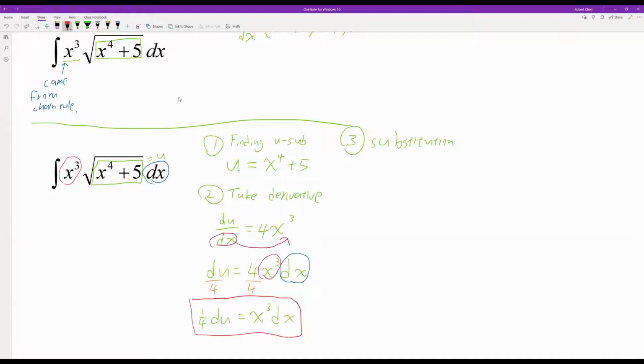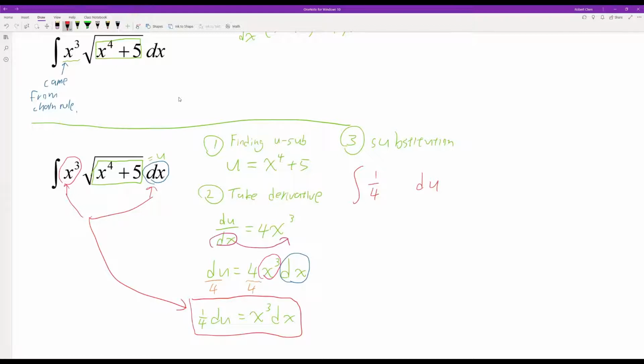Now, notice that we have x cubed and dx here, right? So when we perform the substitution, instead of writing x cubed and dx, we can write them as 1 over 4 du. No more x cubed and dx, right? These two can be replaced with this equation, 1 over 4 times du.